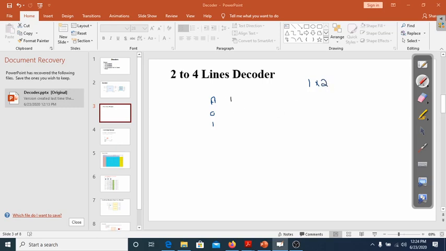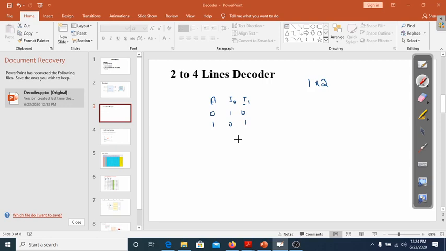So suppose I0 is the output and I1 is another output. So when A is equal to 0, this output I0 would be active high and I1 would be active low. When A is equal to 1, then I0 would be 0 and this output I1 would be active high.